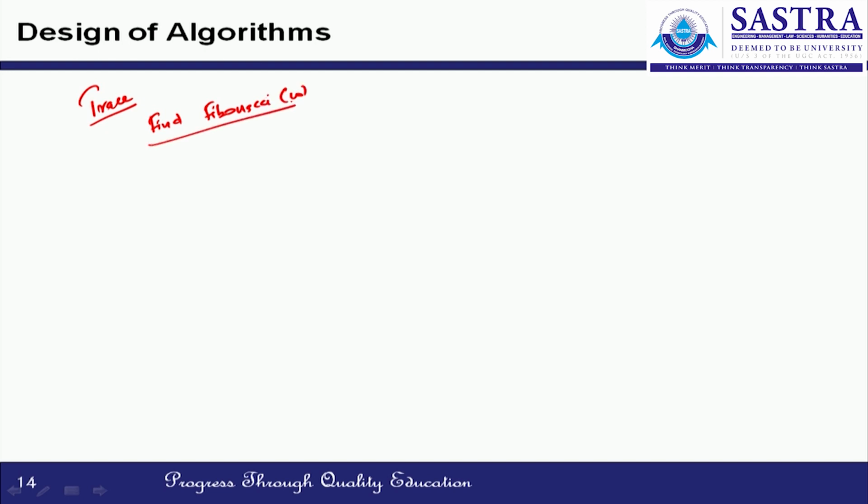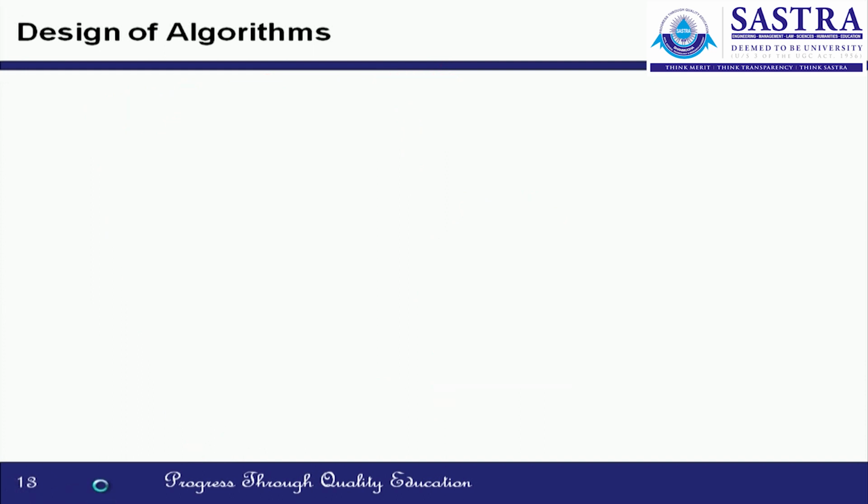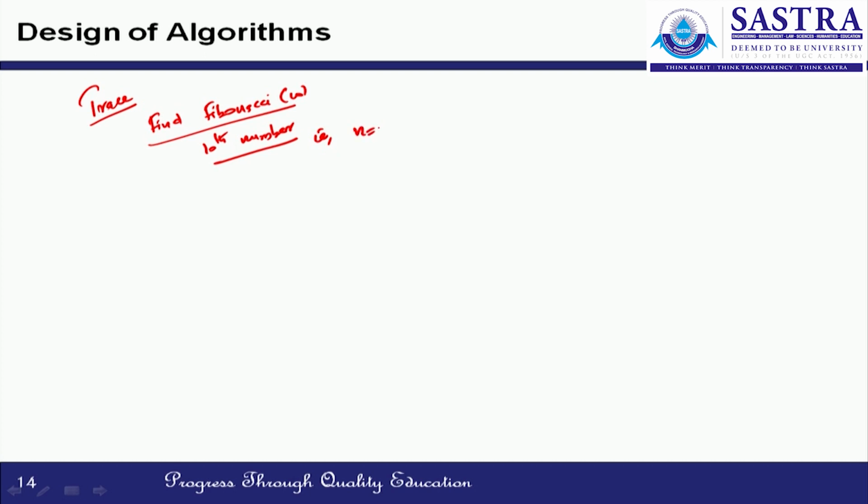That means find the 10th number in the sequence. To evaluate the value of Fibonacci of n, Fibonacci of 10, clearly the formal parameter n receives the value 10, n is equal to 10.